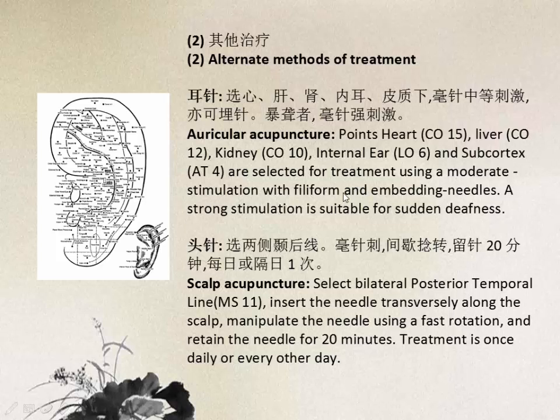Depends a little bit on the diagnosis. Maybe you may modify this a touch, but major points would include the heart, liver, kidney, the internal ear, and subcortex area. Okay, you can use seeds.